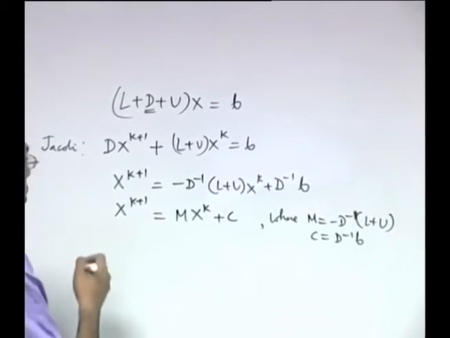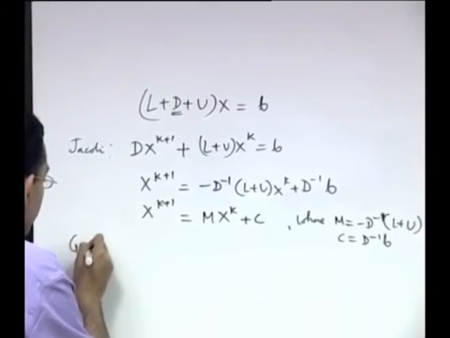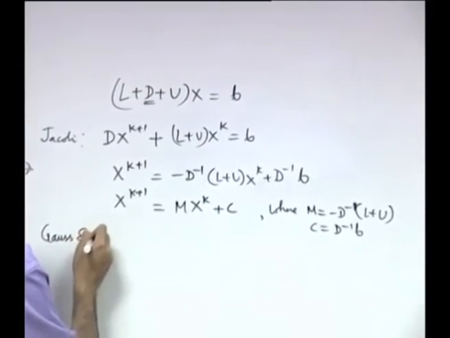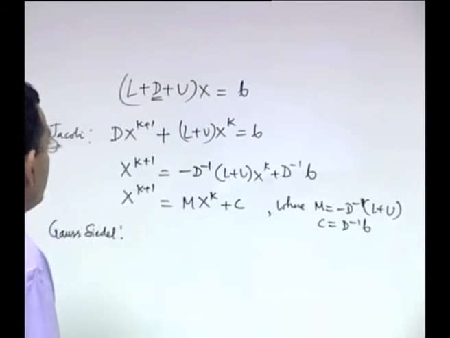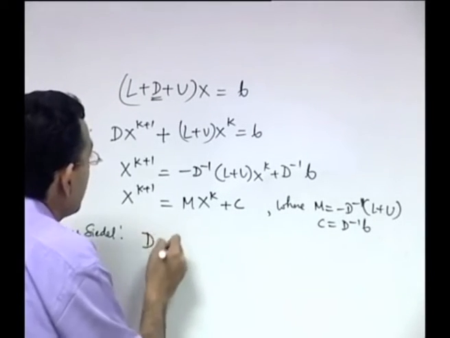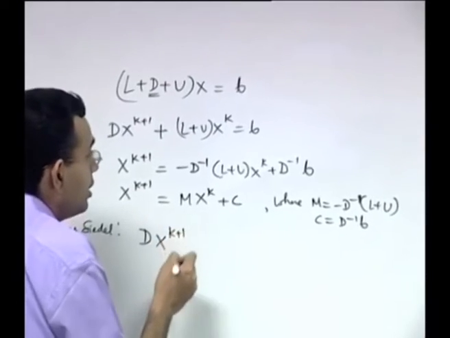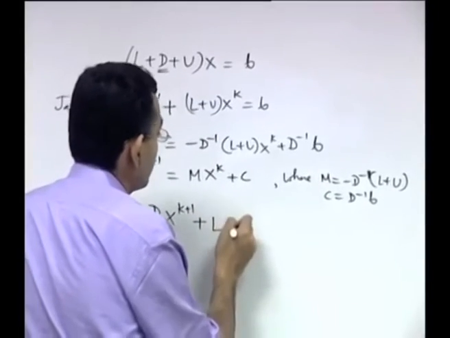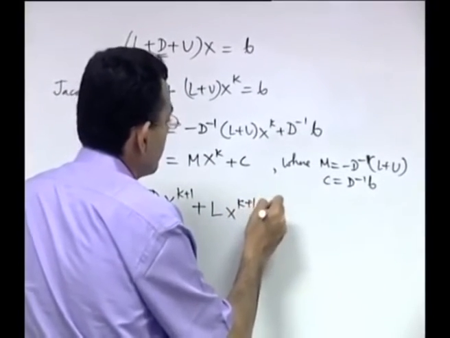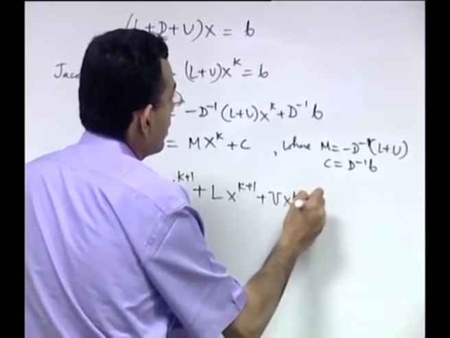Let us now try to do it for the Gauss Seidel. In the Gauss Seidel, D was with x k plus 1, L was also with x k plus 1 and U was with x k.